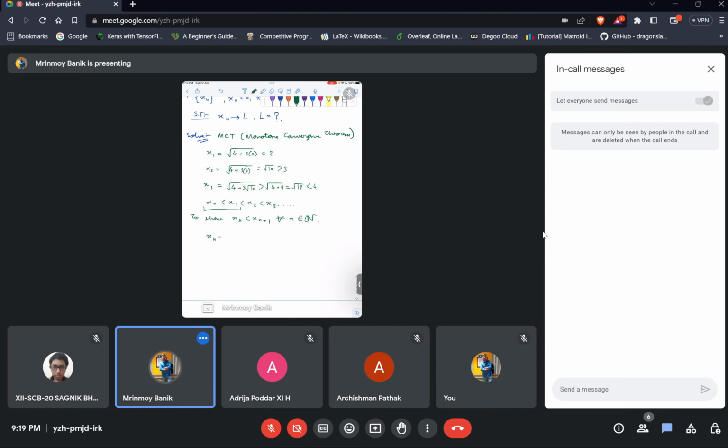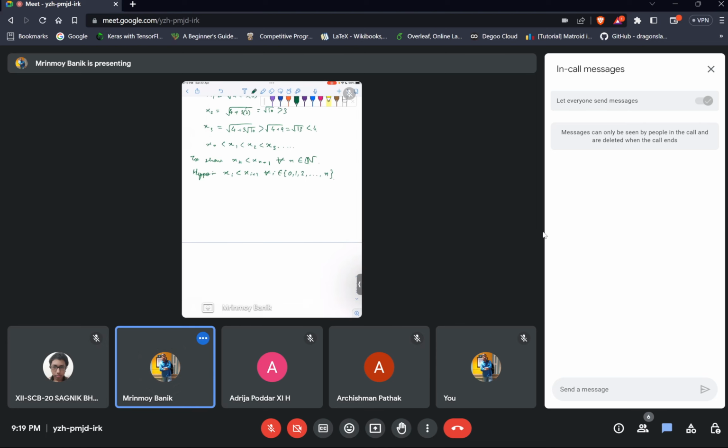The hypothesis is that xi is smaller than xi+1 for all i starting from 0.